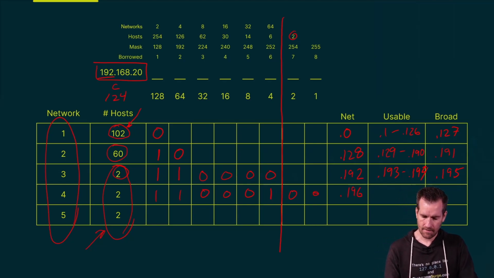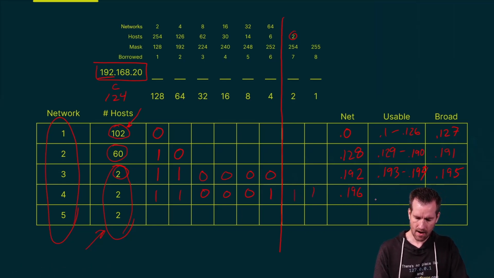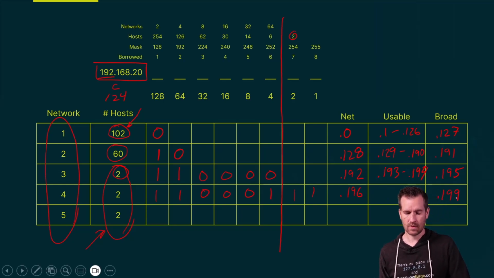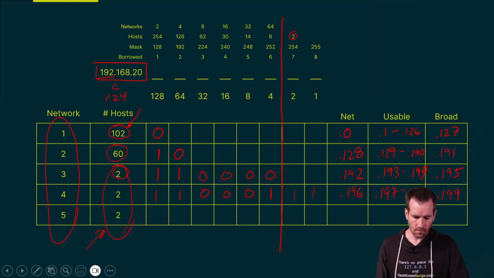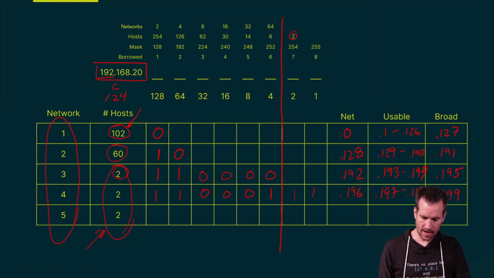All right, if I were to put 1s in here, then that would be .199 is what the total adds up there. So my usable address range is 197 through .198. Okay, I've got that now taken care of.